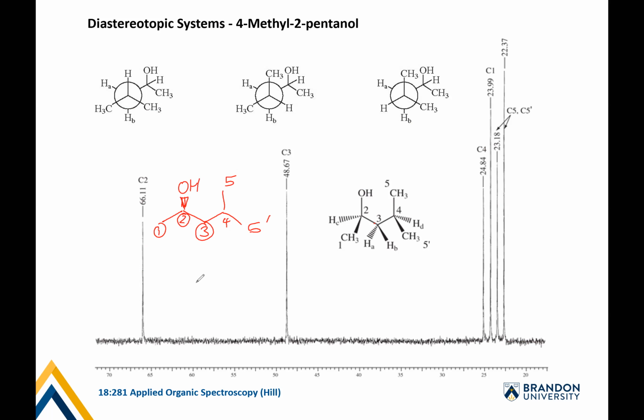What you see here is that when we look at the carbon spectrum, we've got carbon 2, which would be the one at 60 because it's the most deshielded. It's attached to the hydroxyl group. Here's carbon 3, and then 1 is way over here, and 4 is right next door. But you'll notice that carbons 5 and 5 prime each have their own individual resonance because they're not equivalent because of this chiral center.